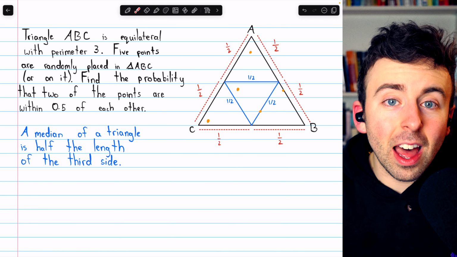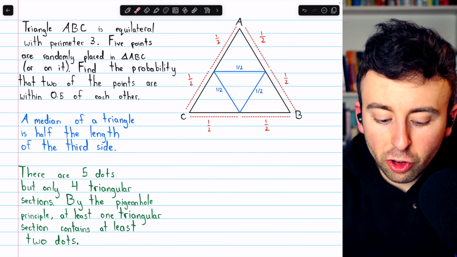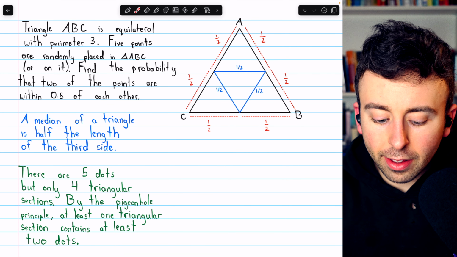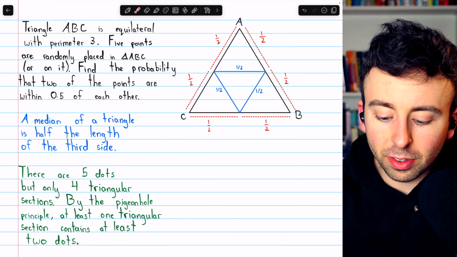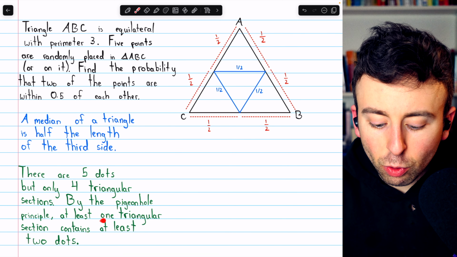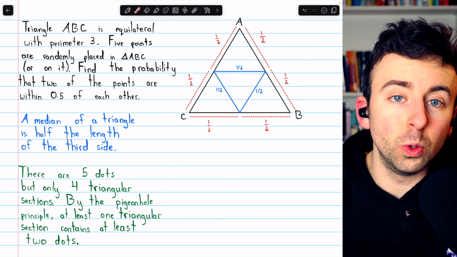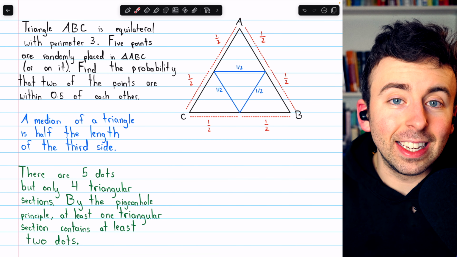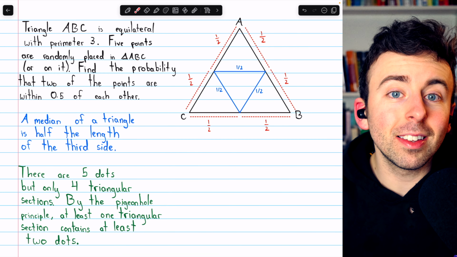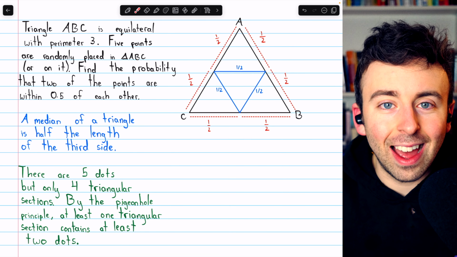There's just not enough little triangles for any other possibility. And there that logic is written out. There are 5 dots, but only 4 triangular sections, these 4 here. By the pigeonhole principle, at least 1 triangular section must contain at least 2 dots. They can't all be in unique triangular sections because that would require 5 triangular sections, but we only have 4.